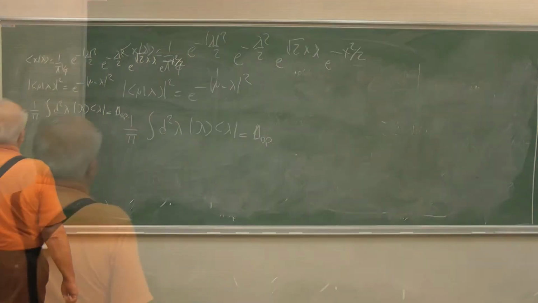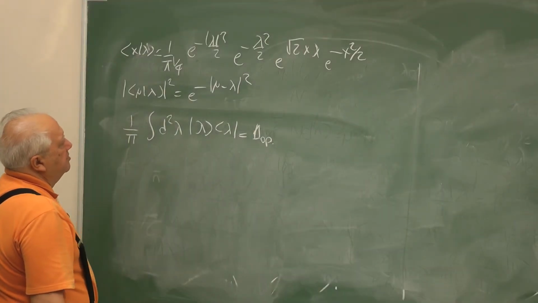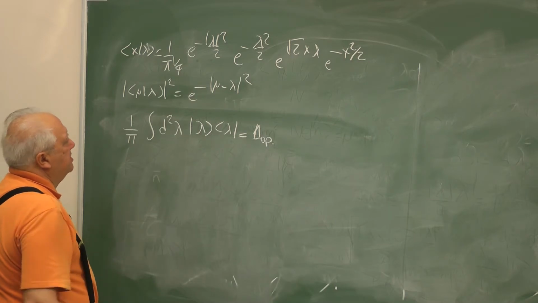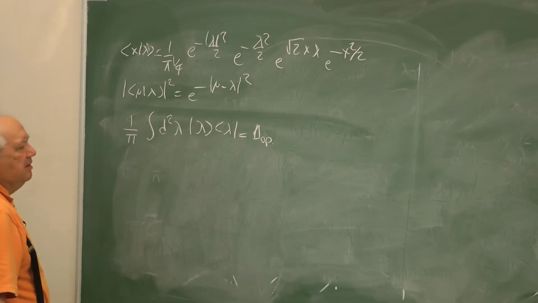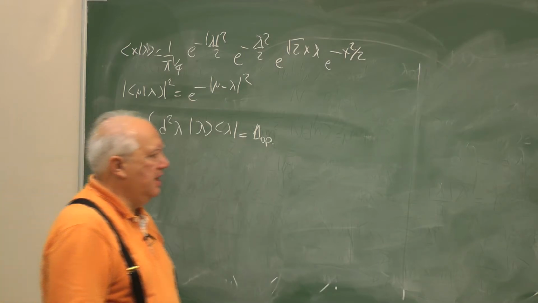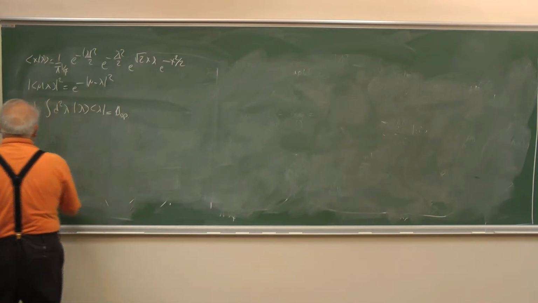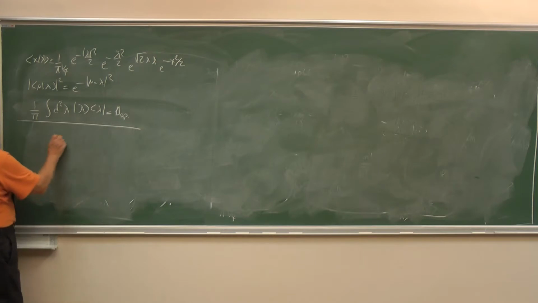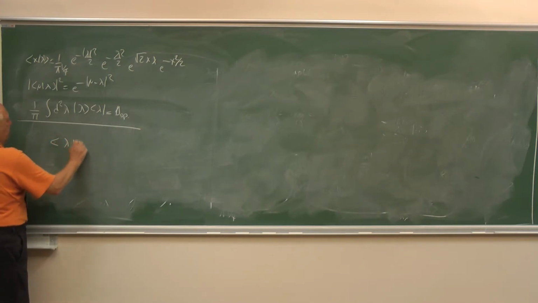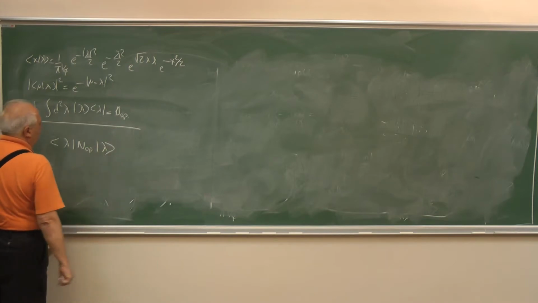So this is the coordinate representation of our coherent state or generating function state. And what is the mean excitation number n in this state? So a new calculation. Let us compute lambda n operator lambda.